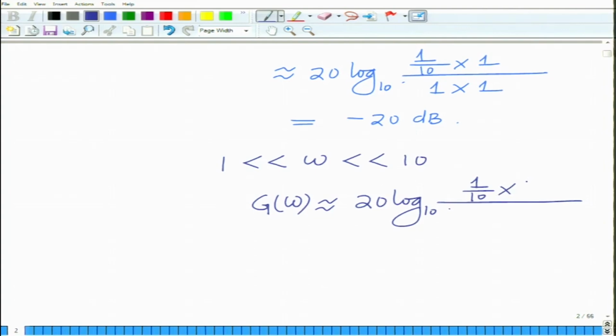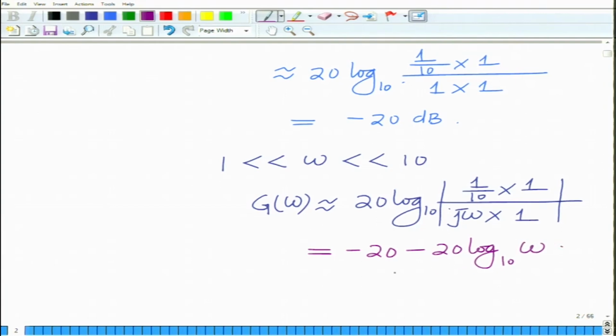Omega is much smaller than 10, so 1 plus j omega over 10 is approximately 1. The denominator 1 plus j omega, since omega is much larger than 1, simply becomes j omega, into 1 plus j omega by 100, which is approximately equal to 1. So the magnitude becomes minus 20 minus 20 log to the base 10 omega.